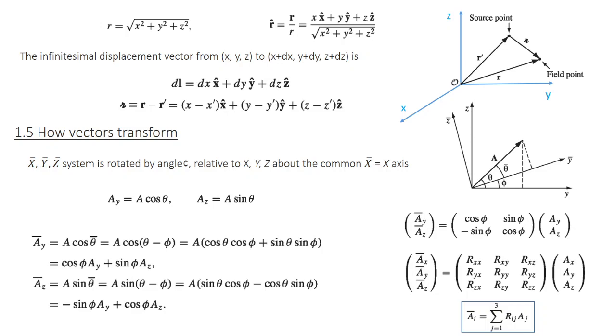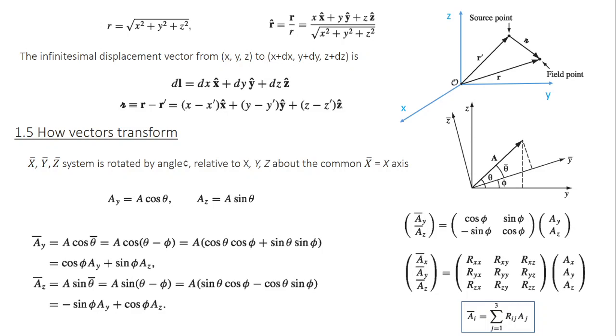Now imagine that you measured the position vector of a charge in a particular coordinate system, and halfway through the problem you are going to switch to a new coordinate system. Now the question is, do you have to measure the new position vector again with respect to the new coordinate system, or can you write the position vector of the new coordinate system using the position vector of the old coordinate system?